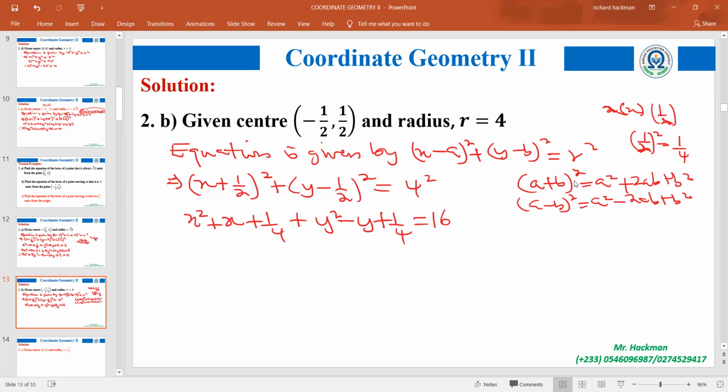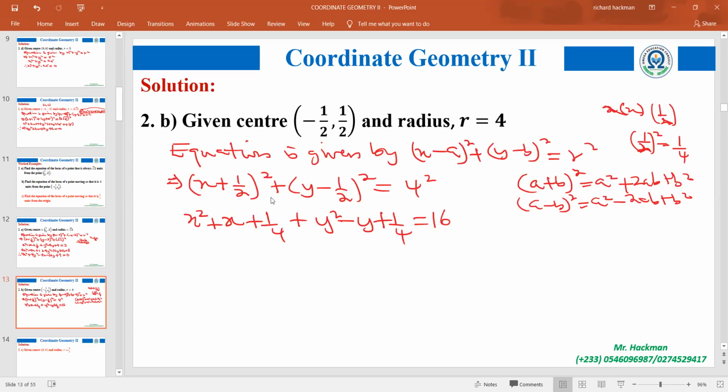This is an identity that you should know. In both identities, the first term and the last term, which are the square terms, are positive. It is the middle term that changes sign. It will be positive when the sign here is positive, and negative when the sign here is negative. So your first and last terms should all be positive. Please take notes.